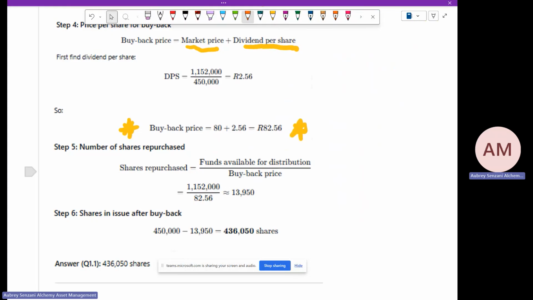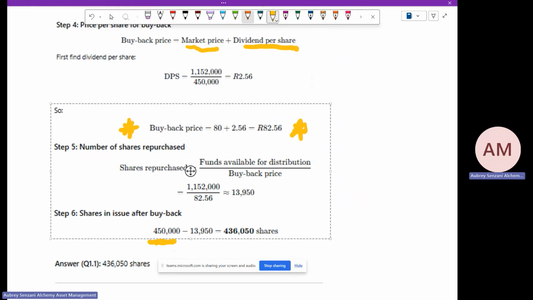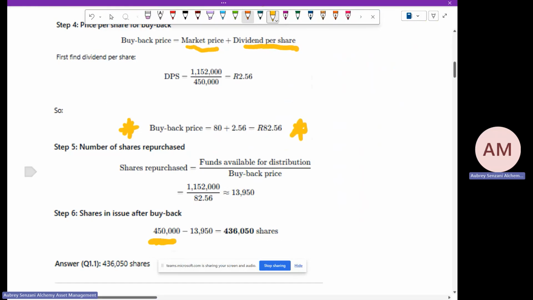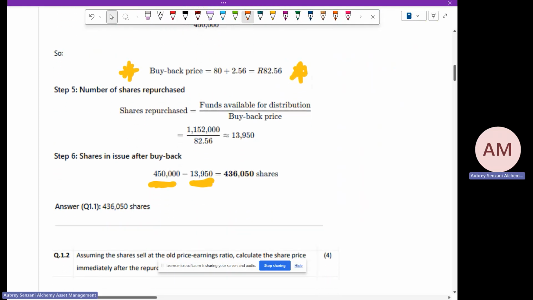Remember the question was, how many shares do we have after the buyback? So we take the number of shares before the buyback, the 450, minus the shares that we would buy back, to get our new total after the buyback.